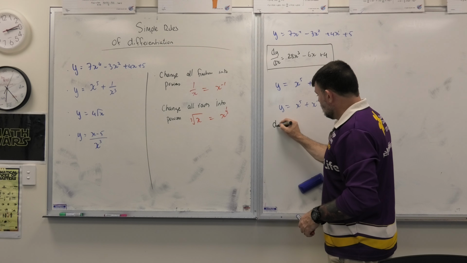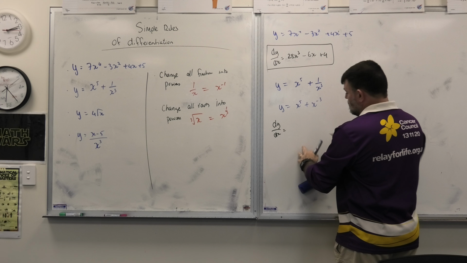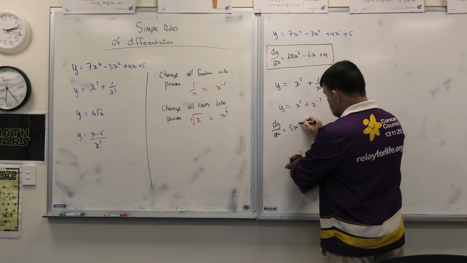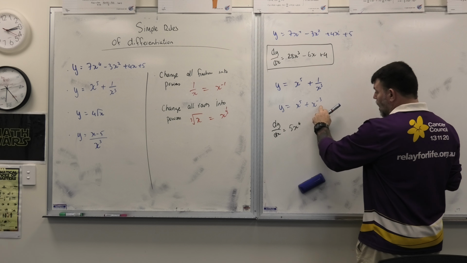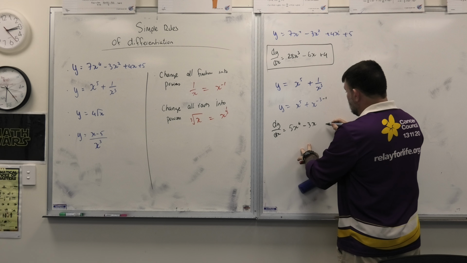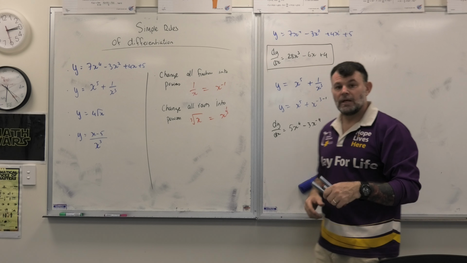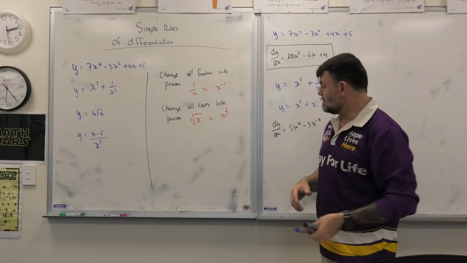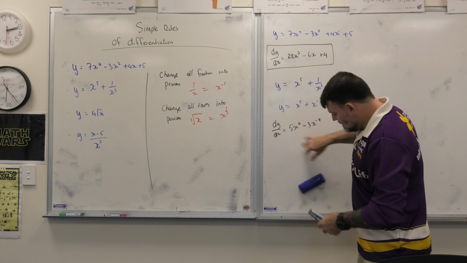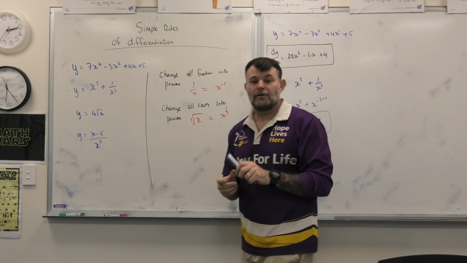So, dy/dx is equal to 5 times 1 is 5, x, 5 take 1 is 4. I bring my -3 out, so it's -3x, take 1 away is -4. Now, generally when we're working with differentiation, this is correct. It's an unsimplified version.